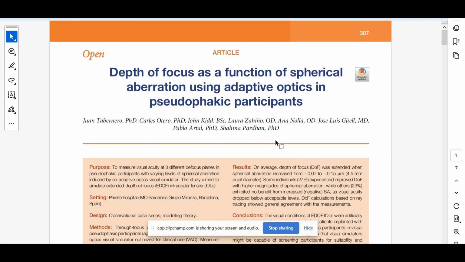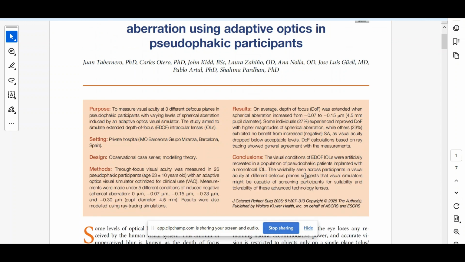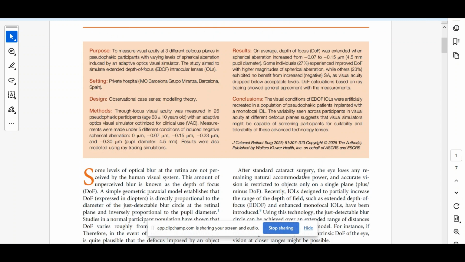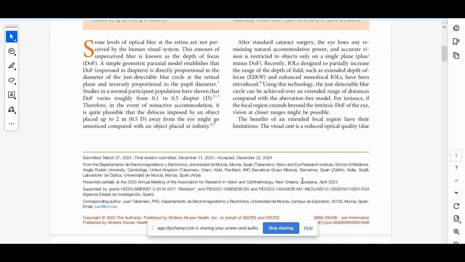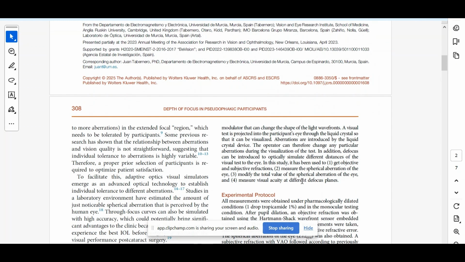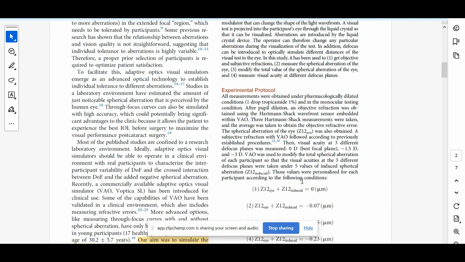And to that regard, I found this study very interesting, and they worked with real patients, and they employed adaptive optics. Adaptive optics is actually a vision simulator, so you can artificially induce spherical aberration in the patient, and record the image quality as well as depth of focus.